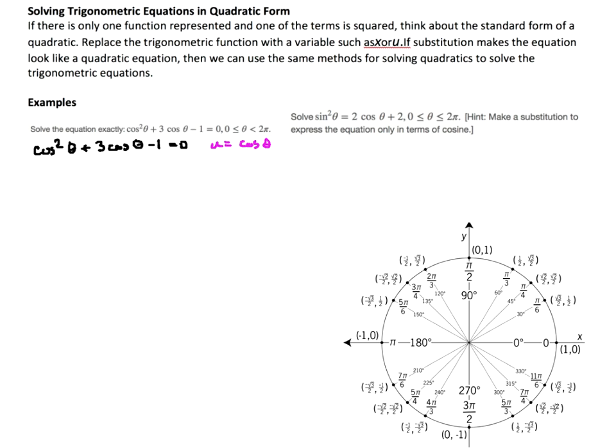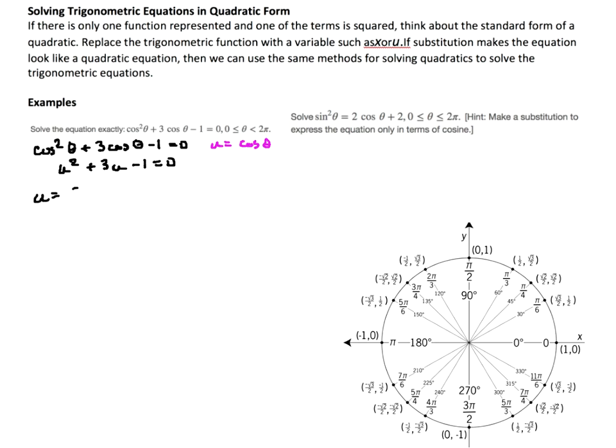And I'm just going to rewrite it so it's not so crazy looking. That just makes this U squared plus 3U minus 1 equals 0. And the way I know that that doesn't factor, there are no factors of -1 that add to make 3. So I know I'm going to need to default to my quadratic formula.